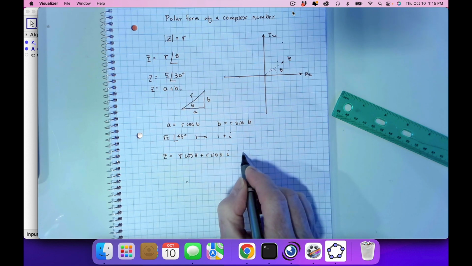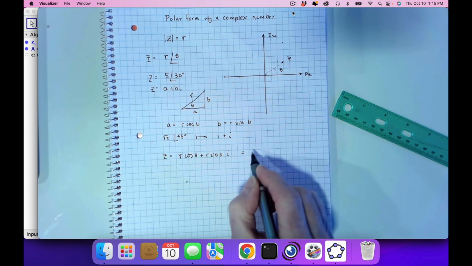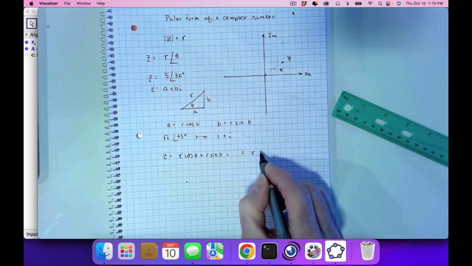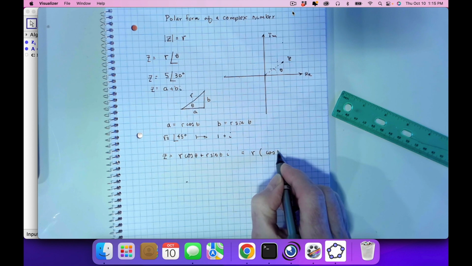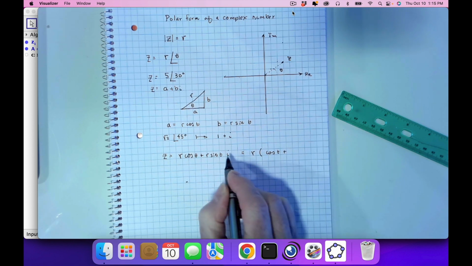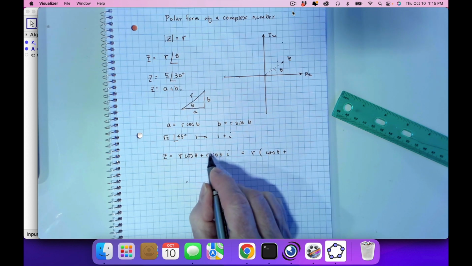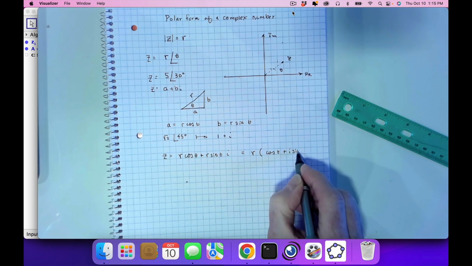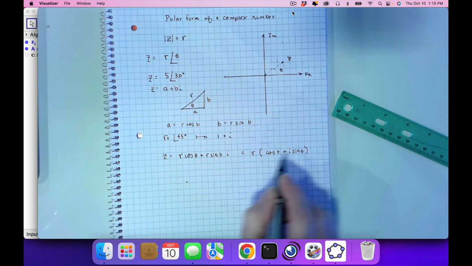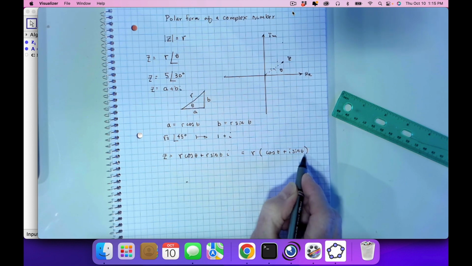Now, we might notice that we could also write this as r, I could factor out the r, times cosine theta plus i sine theta. This i, which is written here, we can put before the sine. So there's my complex number.